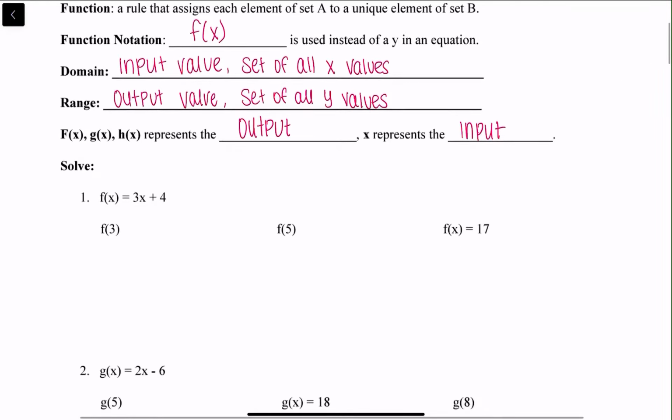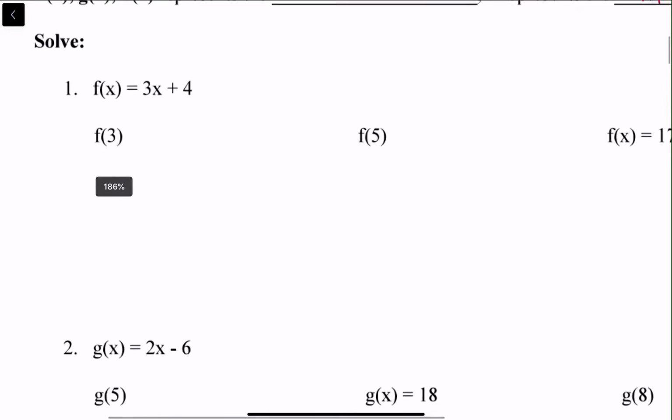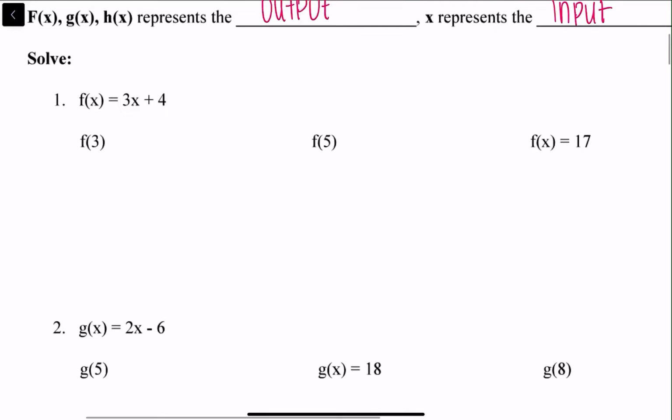So now we want to go down to number 1 and solve number 1. So the first thing that we see for number 1 is that f of x equals 3x plus 4. The first thing that I'm solving for is f of 3. Notice here that we've changed our x value to 3 within our equation. So when I replace my x with the 3, I'm also going to do the same thing in my problem.